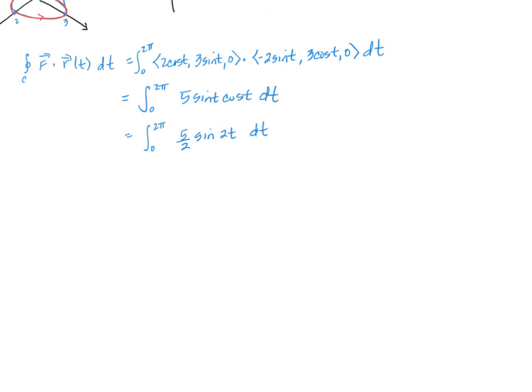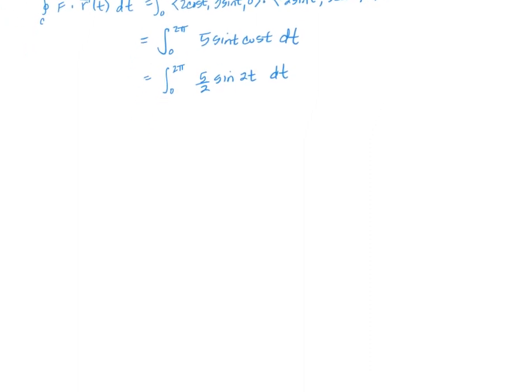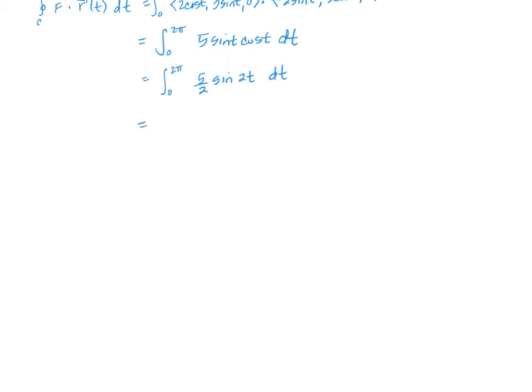The 2's cancel. Yes, it is. And I derive the sine, negative cosine of 2t divided by 2 would be a negative 5 over 4 cosine of 2t. And that would simply be 0. So again, no circulation, although it wasn't asked.